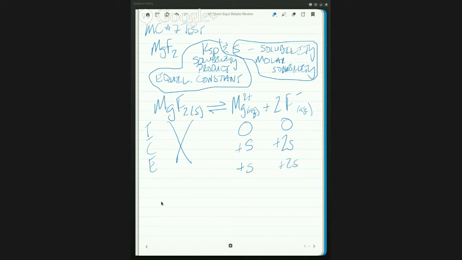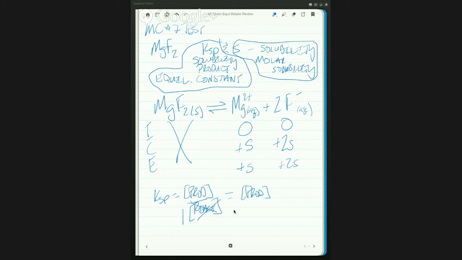Your KSP, which is the solubility product, remember it's always products over reactants. In this case, there's nothing of the reactants. It's a 1, okay? The concentrations of solids and pure liquids are always 1. So that means it's just the products.